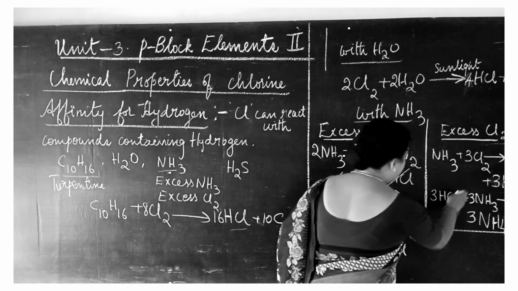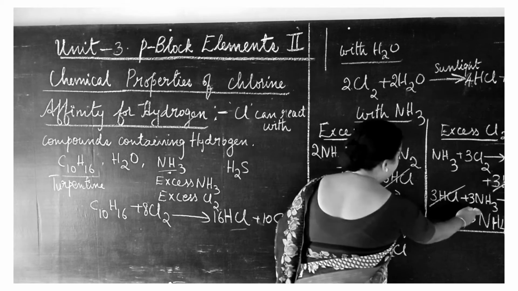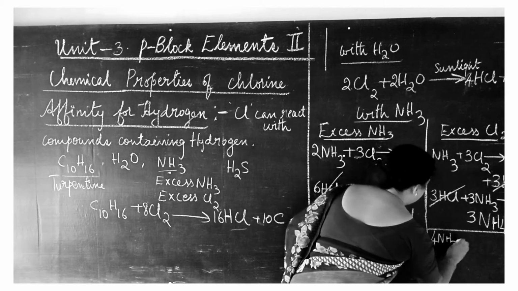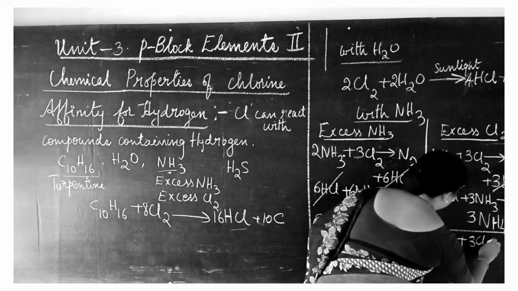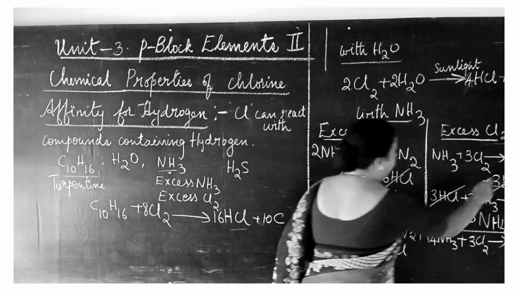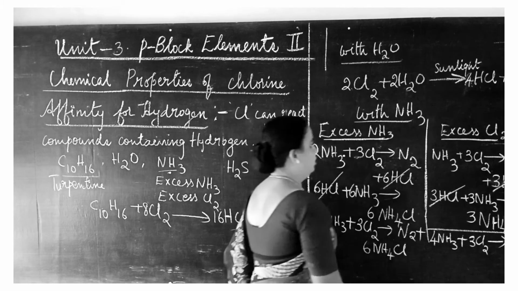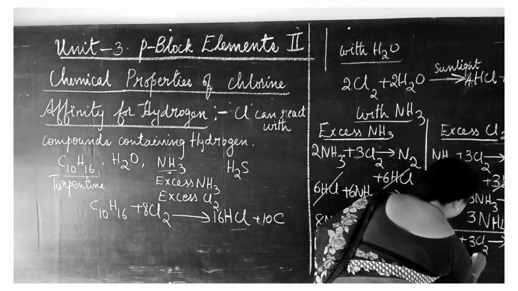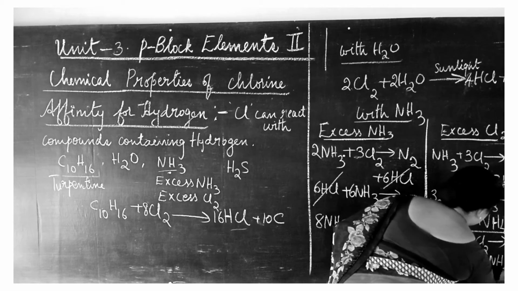Okay. So here also, here 3 HCl, here also 3 HCl, cancel. So here 3 ammonia plus 1 ammonia, 4 ammonia, 4 ammonia plus 3 chlorine, 3Cl2 gives NCl3, that is nitrogen chloride, plus 3 ammonium chloride, 3 NH4Cl.